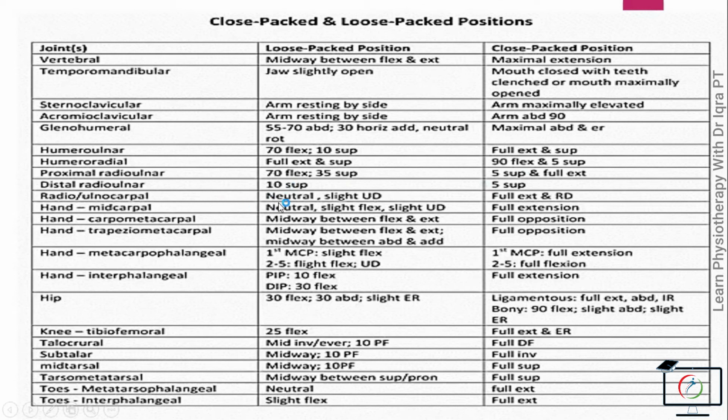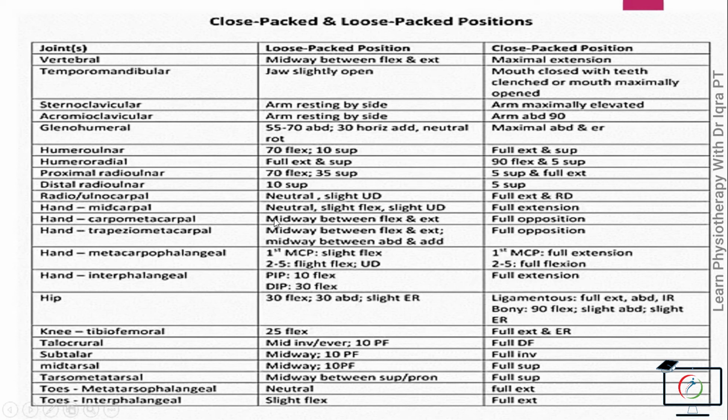Radio or ulnocarpal joint are loosely packed at neutral and slight ulnar deviation, while with full extension and radial deviation are closely packed. In hand midcarpal joint are loosely packed at neutral, slightly flexed and slightly ulnar deviation, while closely packed at full extension.